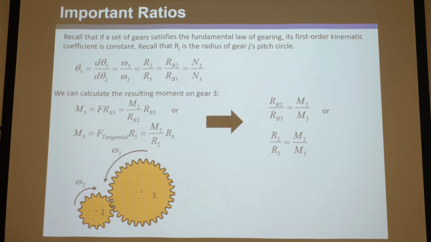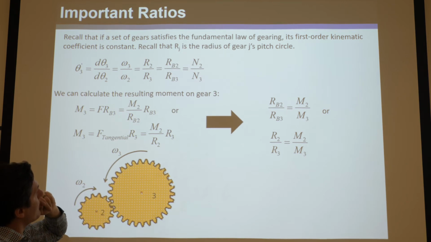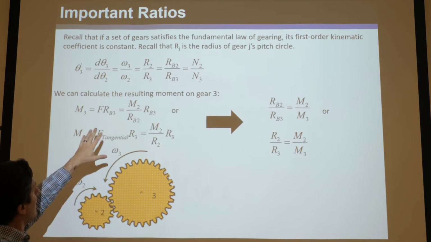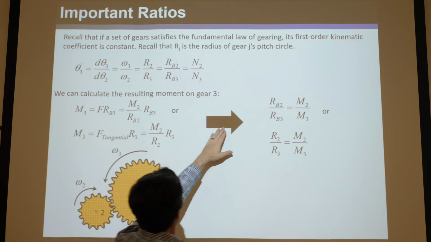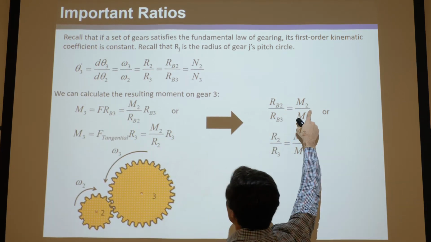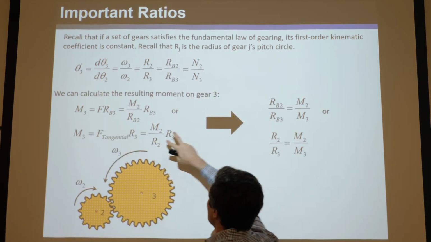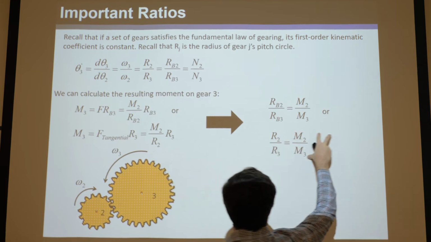You can find that RB, right, well, you can. So if you take this and divide it by that, and flip those on that side, you get this one. And if you do the same thing with this stuff, you get this.